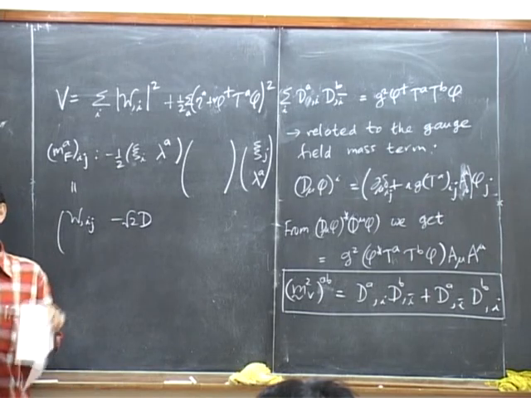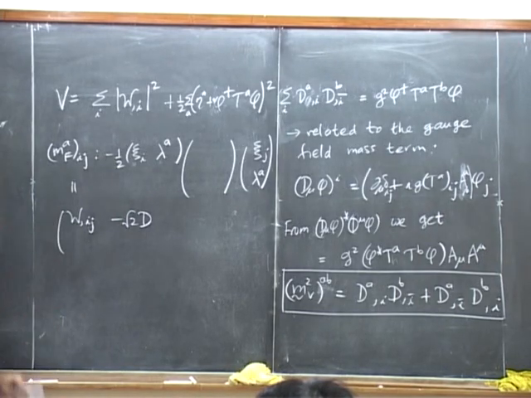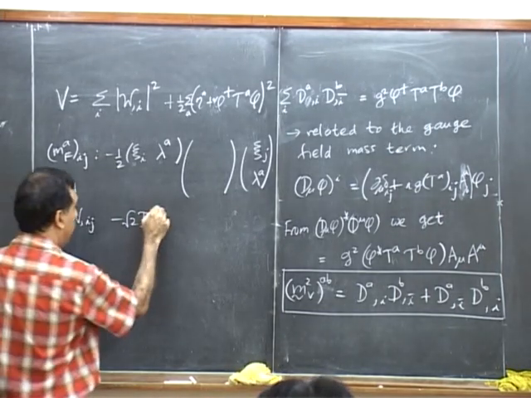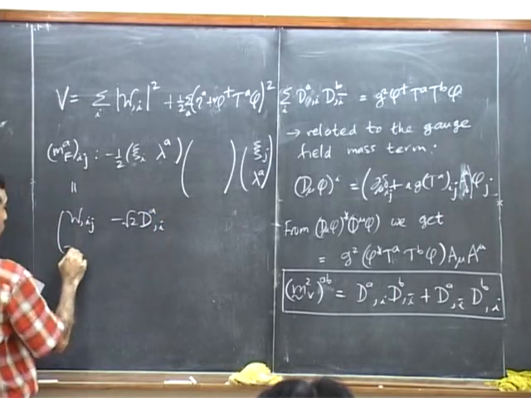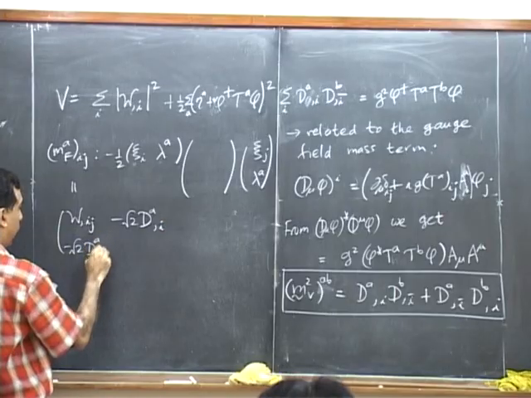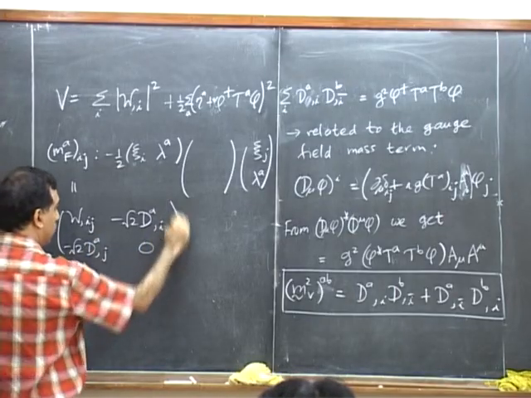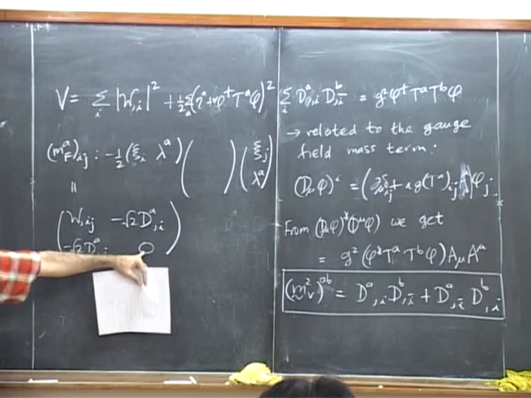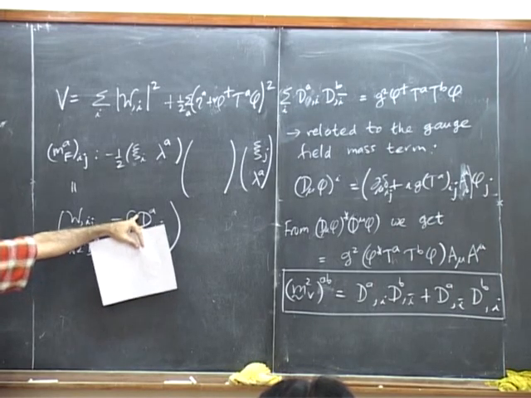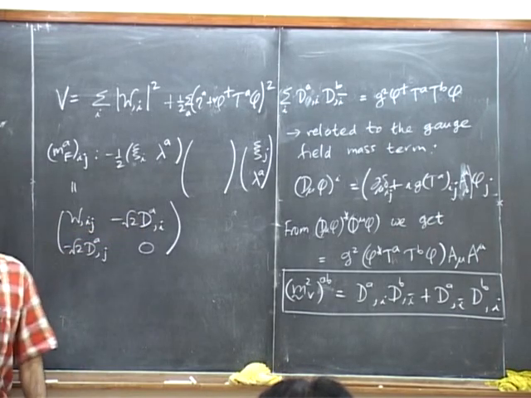D will multiply gaugino fermions, so it's actually D, A, I appearing here, and here it's D, A, J, and here it's 0. So the point is that the gauginos don't have a mass matrix with themselves, but they can mix with the fermions.